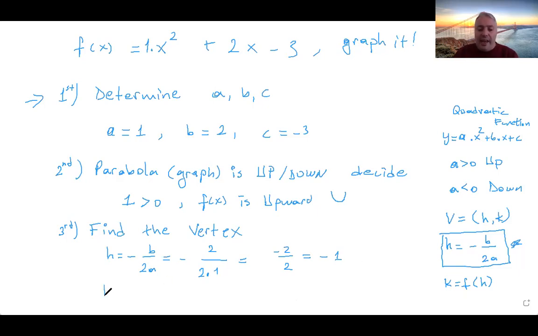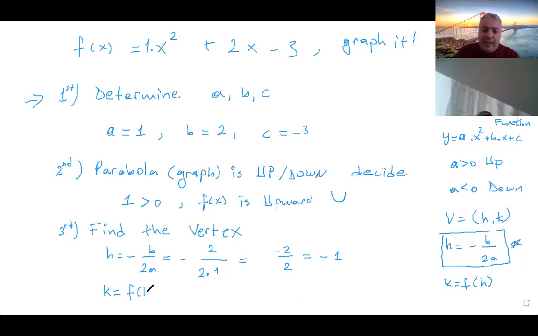So what is k? k is f at h. It means f at negative 1. So what is f of negative 1? Negative 1 squared, and 2 times negative 1, minus 3.